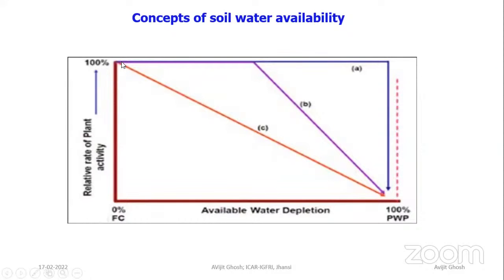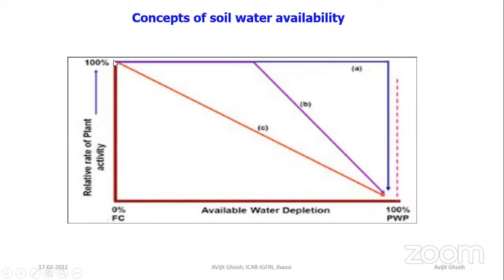Then comes the second hypothesis. It was proposed by Richards and Whiteley, and it stated that soil water availability to plants decreases only after a certain point. That is, the water availability from field capacity to this point will remain the same for the plant, but it will gradually decrease beyond this point.